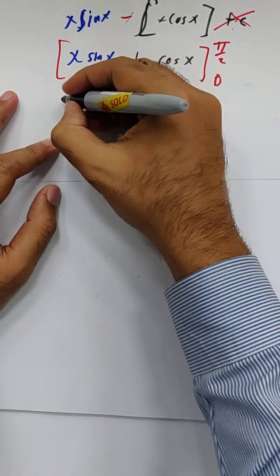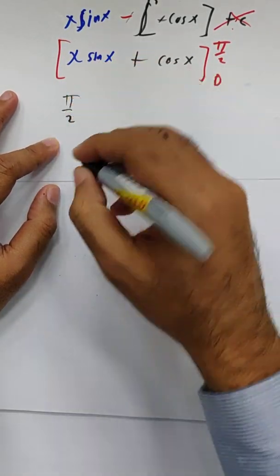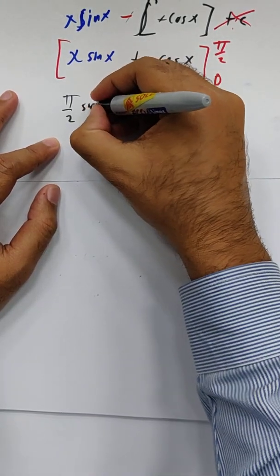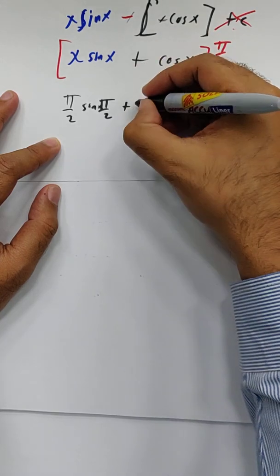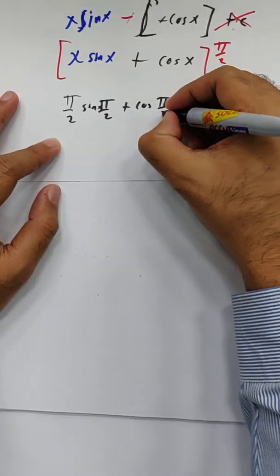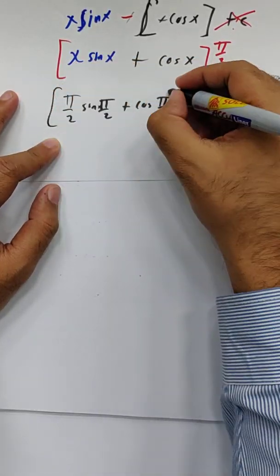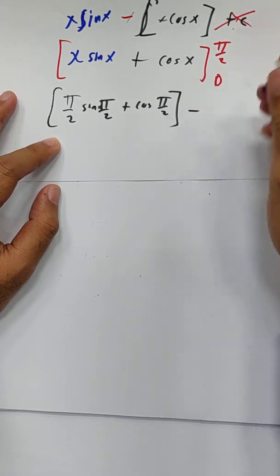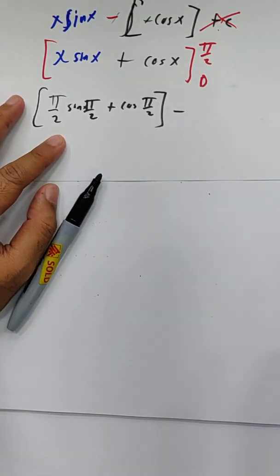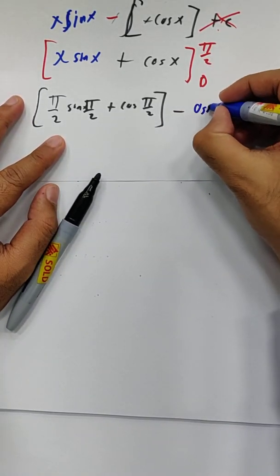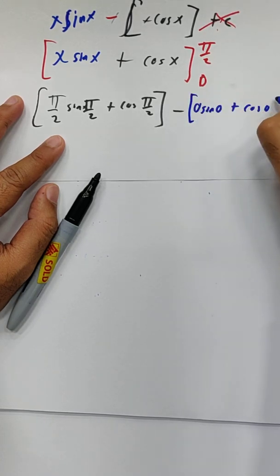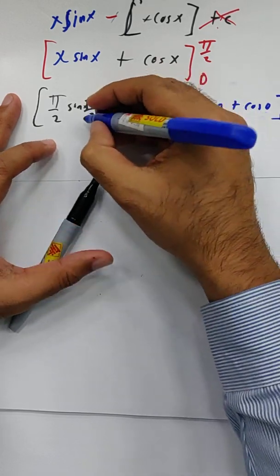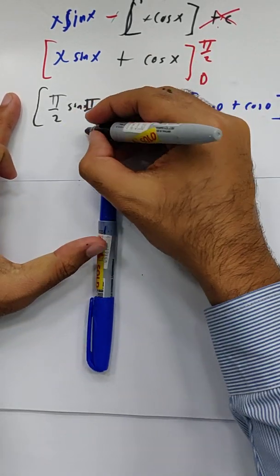Okay, pi over 2, let's substitute them first. I'm a big fan of, once we finish things, I substitute all of them at the same time. So the left side is when you sub pi over 2.